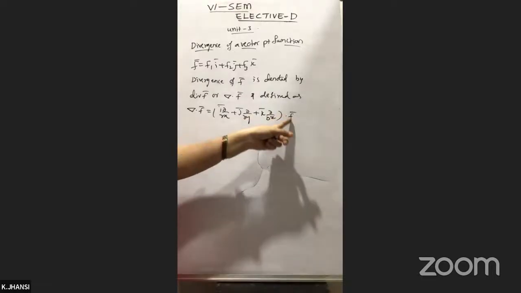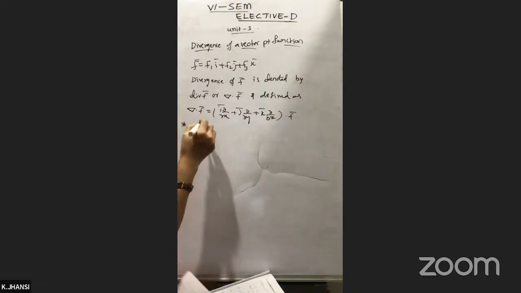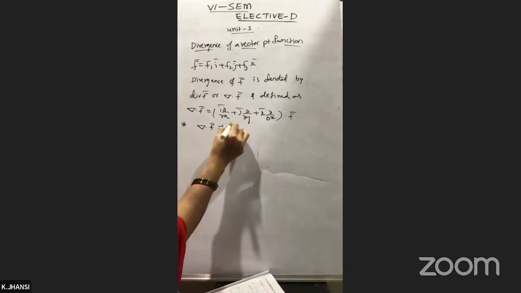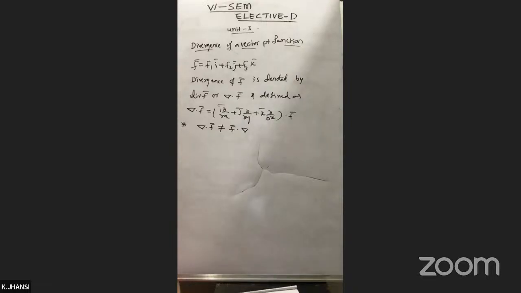Okay. In place of f, you can substitute that, and then you can find the partial differentiation of that. Okay. So some important points are there in these notes. That is, del dot f is not equal to f dot del. Okay. This commutative property is not satisfied here.